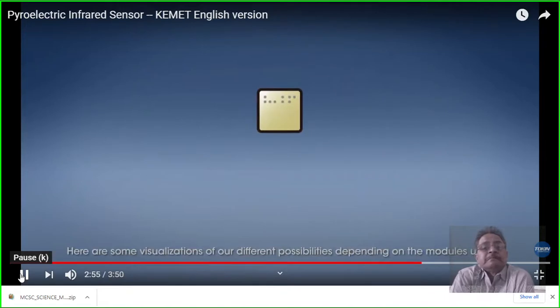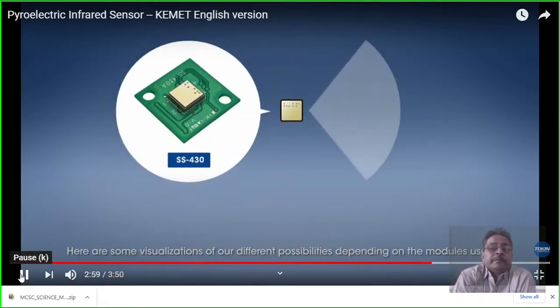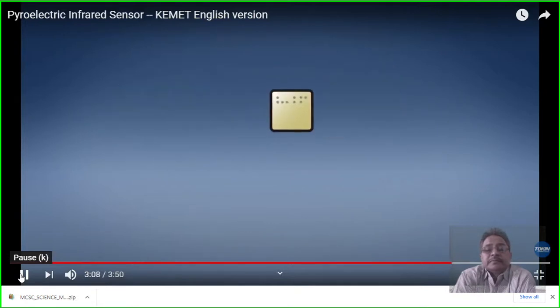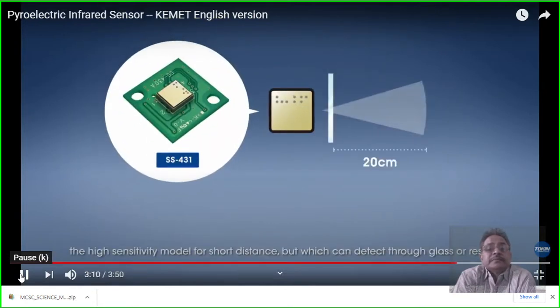Here are some visualizations of our different possibilities depending on the modules used. The standard configuration detects the middle range up to 2 meters. The high sensitivity model is for short distance, but can detect through glass or resin.